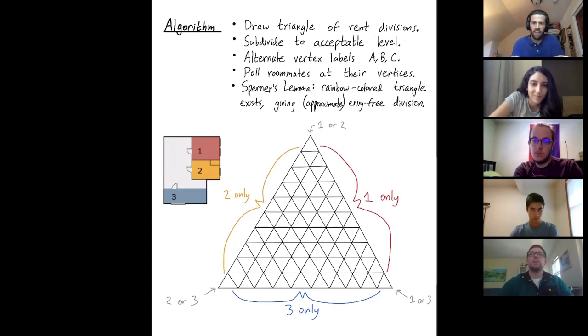Well, okay. I'll state Sperner's lemma again, the variant I'm using, but here's the variant I'm using. You have a labeling of this large triangle where on the boundary, the labels are as follows. So when room 1 is free, we're assuming for now that every roommate would prefer room 1.